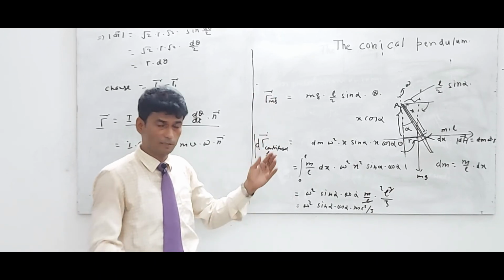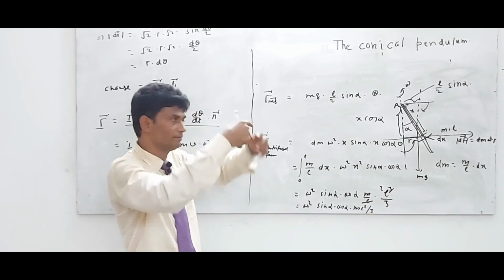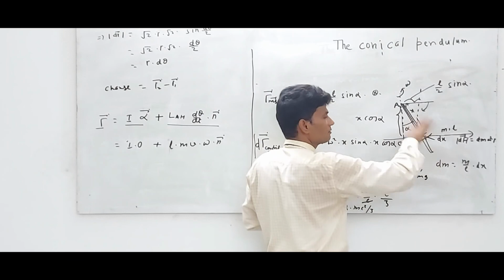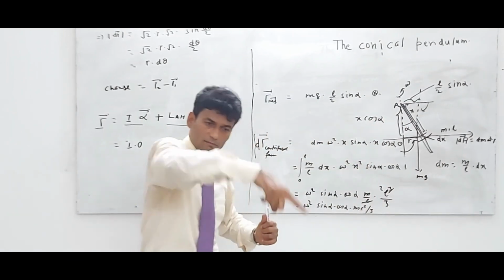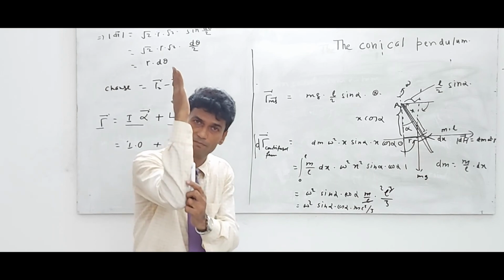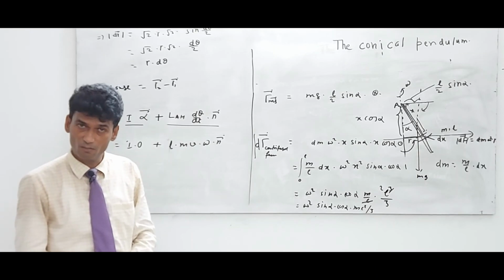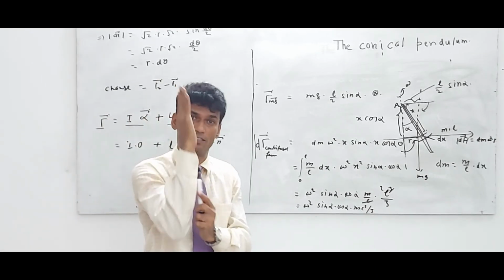What is vertical? Because this is on the line. Say the rod is rotating like that. So we are talking about vertically up, vertically down. So net torque must be 0 because there is no vertical angular acceleration.